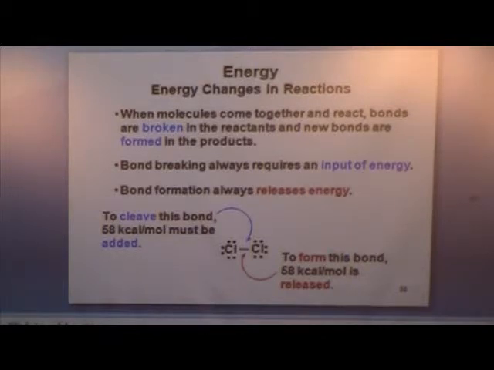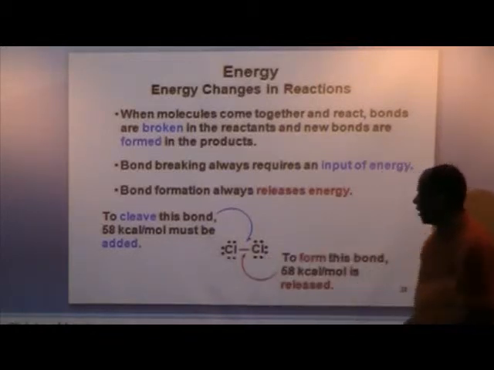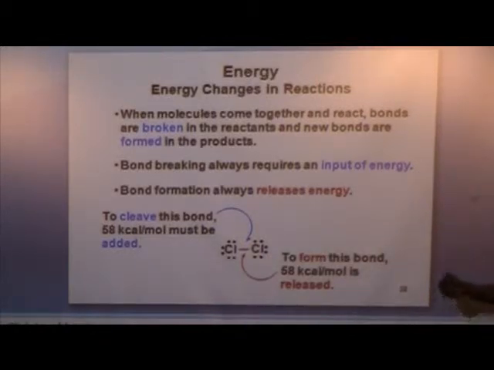it releases energy. So for example here, to cleave the bond between one chlorine atom and another chlorine atom, you must have about 58 kilocalories per mole. A kilocalorie is a measurement for energy.